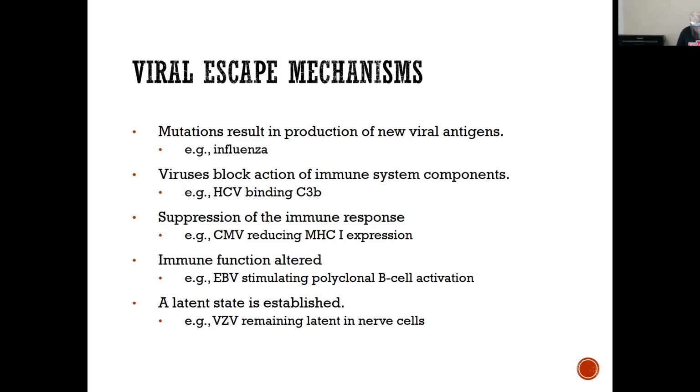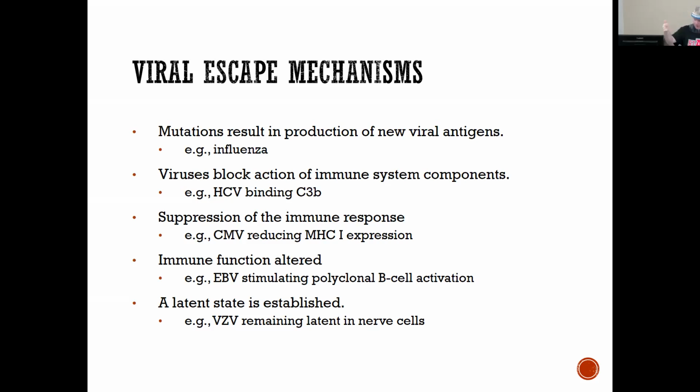Some viruses, such as cytomegalovirus and HIV, do this by reducing the expression of class 1 MHC molecules on the surface of the infected cell, making them less likely to be recognized by the cytotoxic T lymphocyte. Okay, makes sense, right? HIV goes dormant, hides out. We don't know where it went, right? It's not showing itself. The immune system kind of lays back and goes, I saw something flash by a couple of weeks ago, and now it's gone.